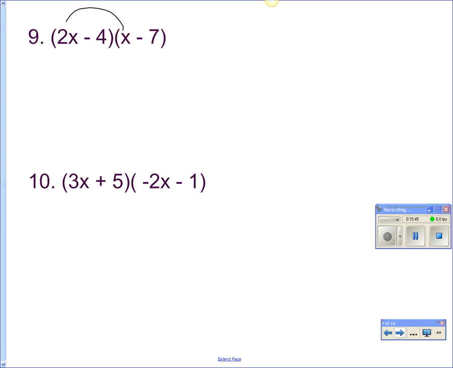Which is what? 2x squared. Very good. So 2x times x is just 2x to the second because you add your little numbers. Chase, what else do you do? Which is what? Very good. Negative 14x.